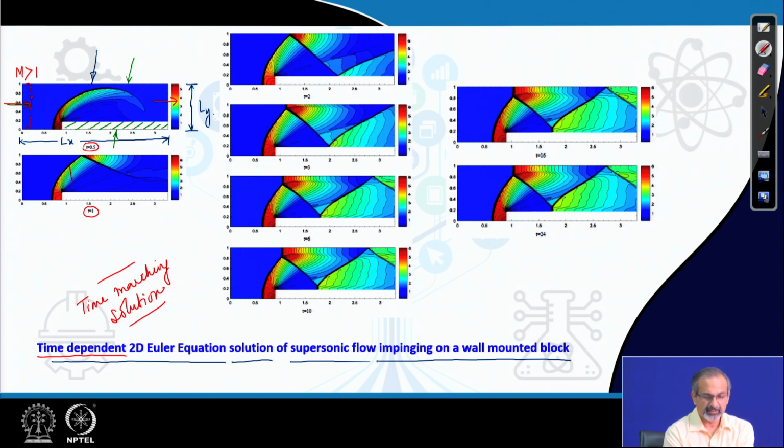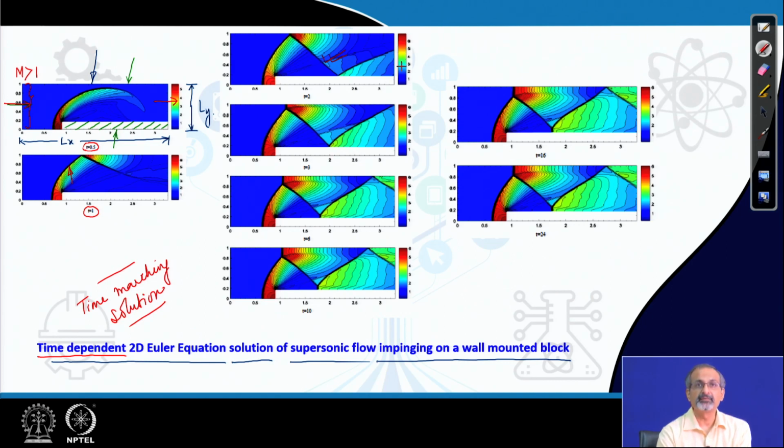You can see that this detached shock met the wall on top, got reflected, and then finally after some more time the reflected shock is coming back and impinging on the wall, and then further reflecting back, and then finally leaving from the outflow boundary.